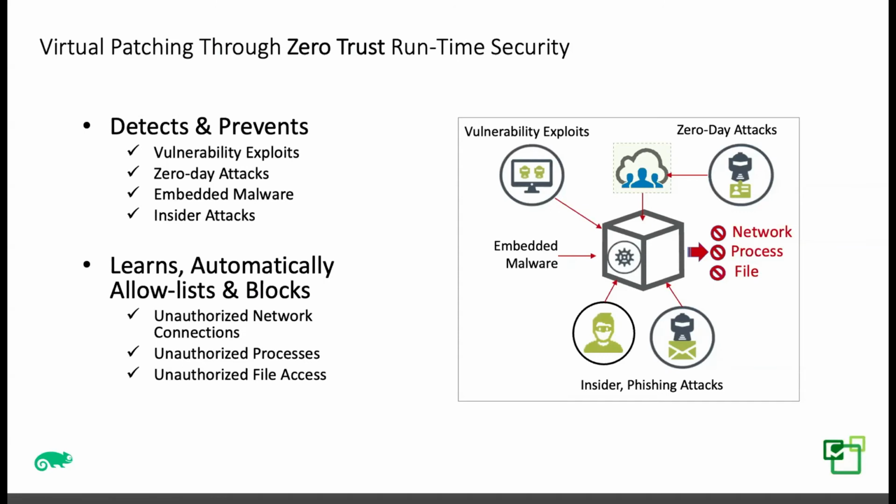So in this model, not only can we learn the network, process and file activity and lock it down, but once it's locked down, any attempt to have malware start or to exploit a vulnerability is going to be able to be detected.